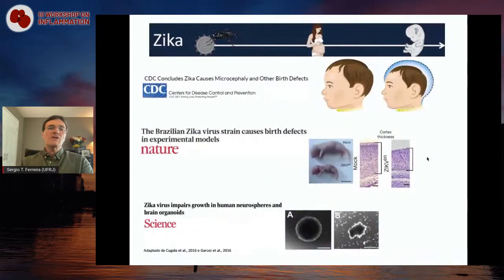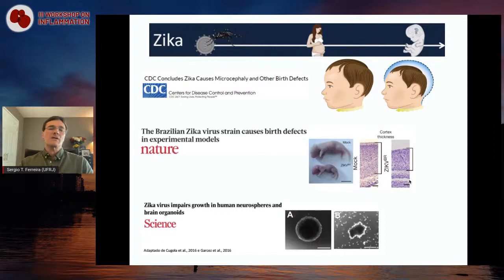And in Brazil, it was found that one of the most prominent features of Zika infection was microcephaly in babies born from mothers that had been infected by the virus. And several very nice studies, including from colleagues in Brazil, show that Zika virus targets neuroprecursor cells, and that kills those cells and prevents brain development, possibly by killing neuroprecursor cells.